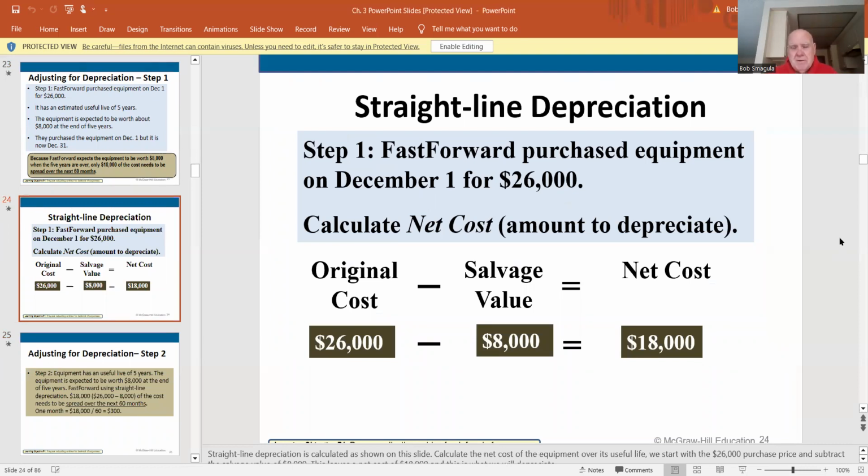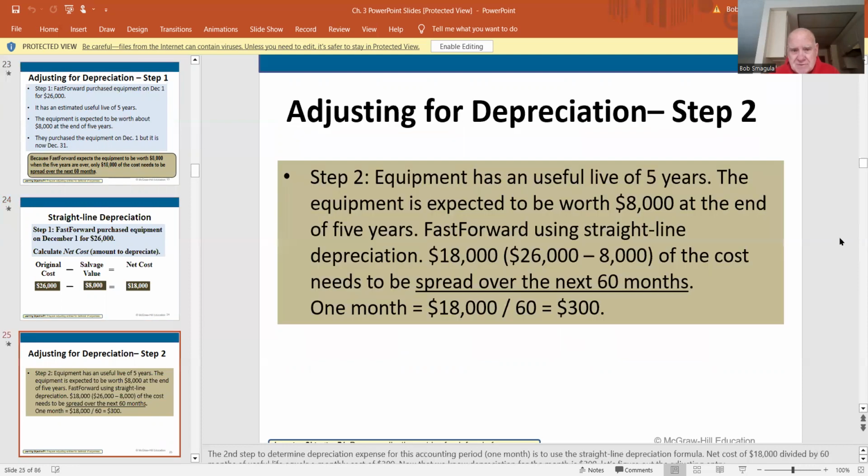So let's take a look at it. This is an important slide. Fast Forward purchased the equipment for $26,000. We're not going to depreciate the salvage value. So the depreciable amount, the net cost they're calling it here, is going to be $18,000. Now, the asset, the equipment, has a life of 5 years, expected to be worth $8,000 at the end, and they're showing you that same transaction. $26,000 minus 8,000 is the depreciable amount.